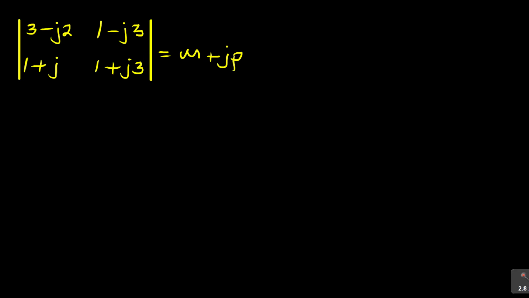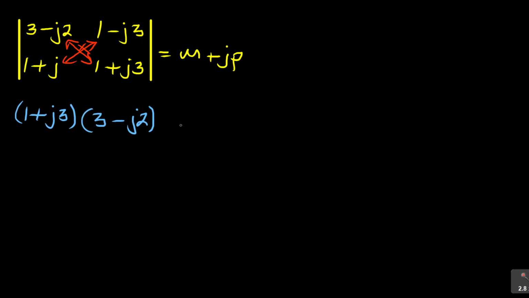When evaluating, remember, you multiply and then you subtract the multiplication of the other diagonal. So I'm going to say 1 plus j3 multiplying 3 minus j2, are you getting that?